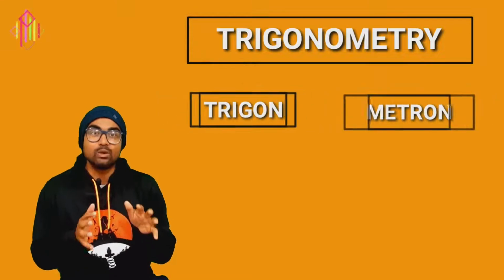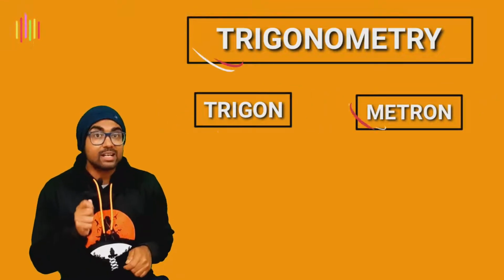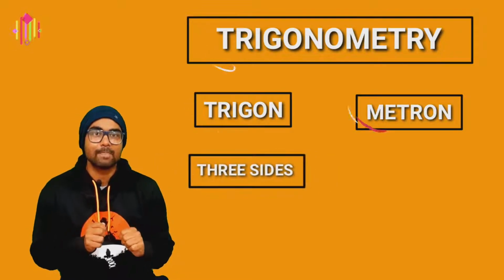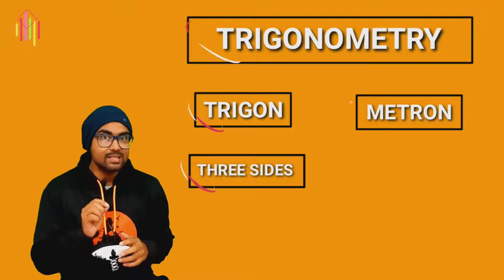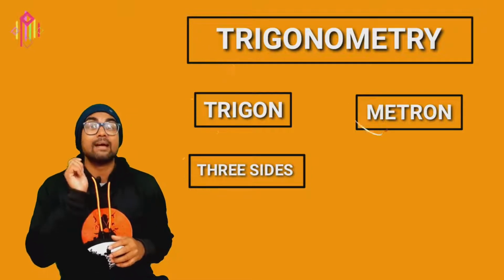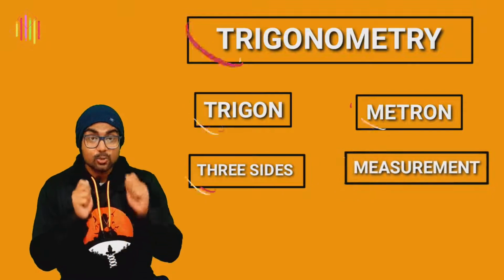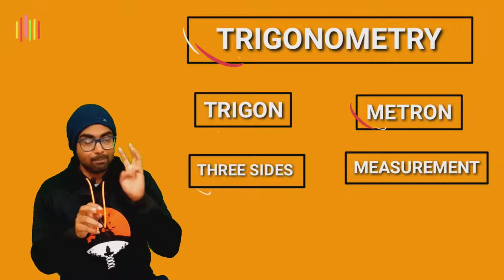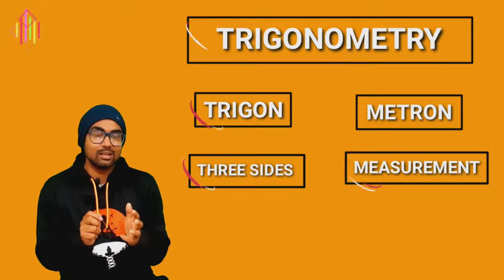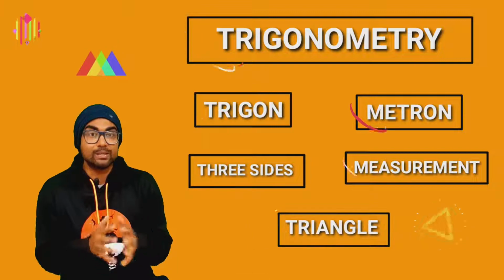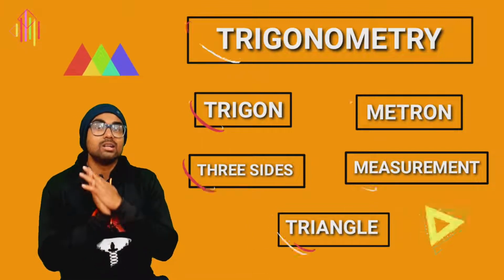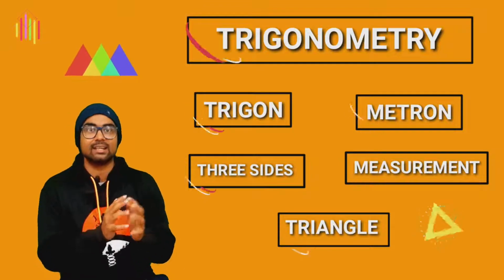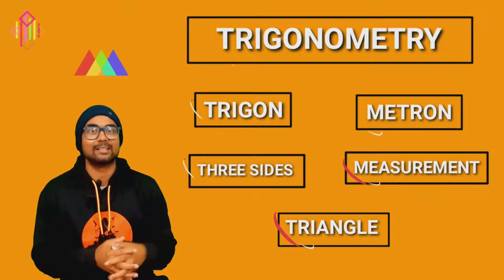These are both Greek words, in which trigon means 3 sides and metron means measurement. So the measurement of 3 sides is known as trigonometry, and the polygon which has 3 sides is known as a triangle. So basically we are going to study triangles, in which we will measure the angles, the angular distances related to triangles.